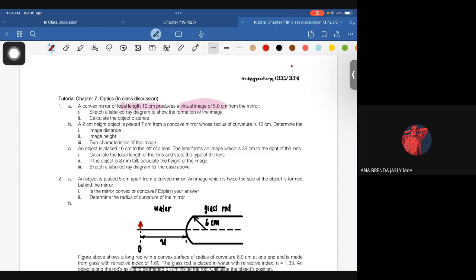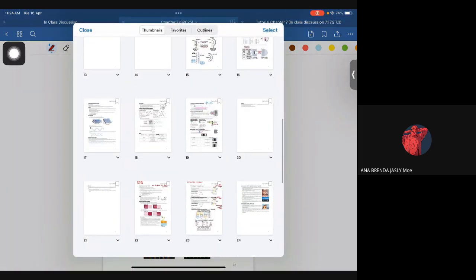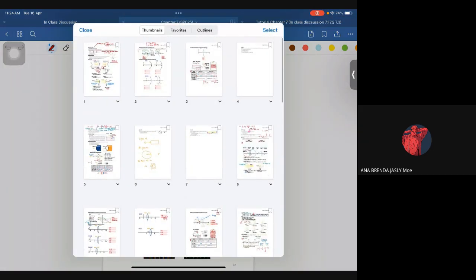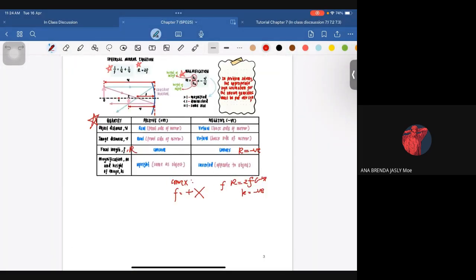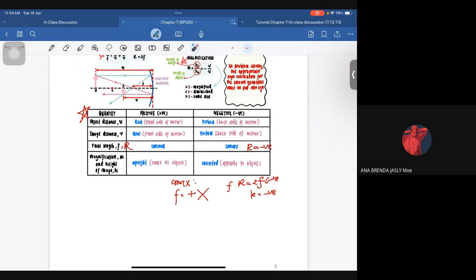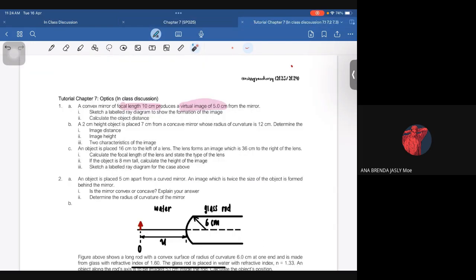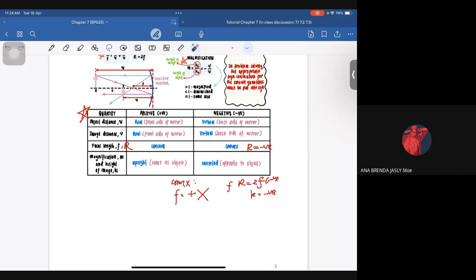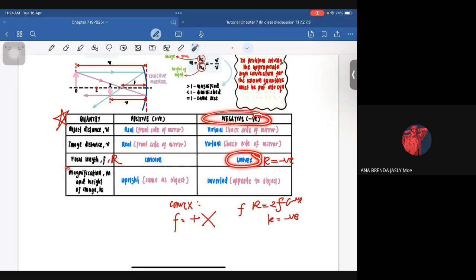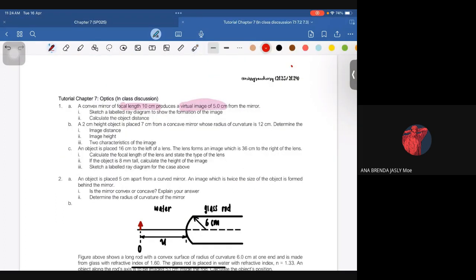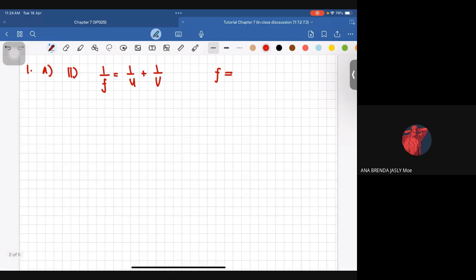So always refer back to our table untuk mirror. For a convex mirror, focal length is negative. So make sure kamu tulis di sini f is negative 10 centimeter. Kenapa negative? Sebab this is a convex mirror.